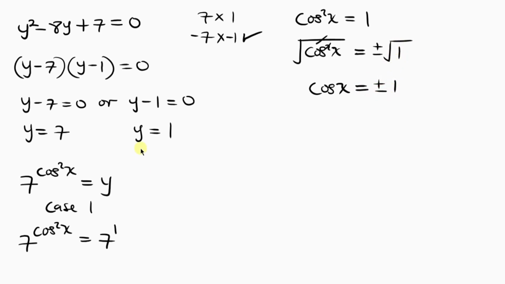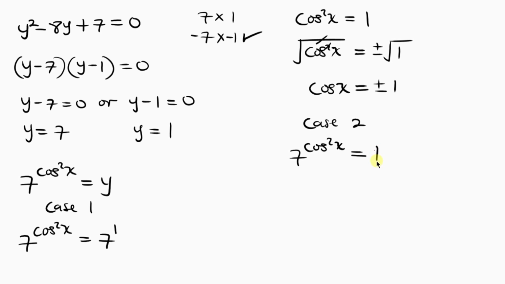Now let's move ahead to the second case. So for our second case, let me write here case 2. So for case 2, following the same expression of 7 to the power of cos squared x equal to y, for our second case, y is equal to 1. So we need an expression raised to a power to give 1.